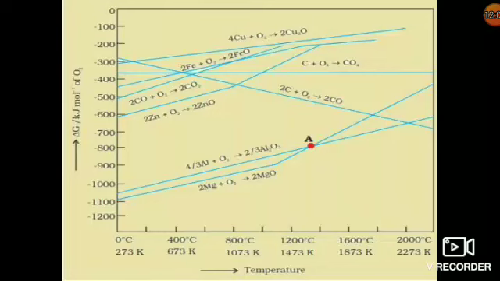So what is that Ellingham diagram? It is a graph plotted between delta G versus temperature in Kelvin scale. Now this is your Ellingham diagram. In this Ellingham diagram, see, delta G is plotted on the y-axis, on the x-axis you get temperature from 0 degree to 2000 degree centigrade, and different reactions are given here.